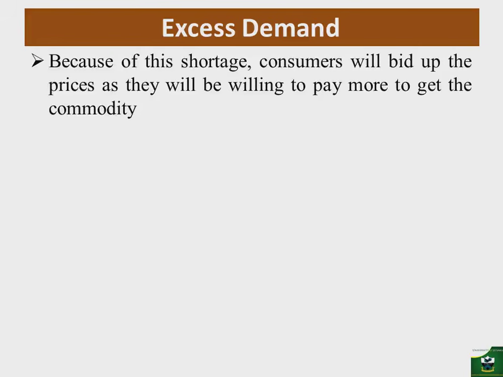Consider two individuals, John Banda and Mary. If John Banda wanted to buy a commodity, say at the reduced price, P2, which is below the equilibrium price, and then Mary knows that if she goes to buy that commodity, she will not find it because John Banda will have already bought that item.